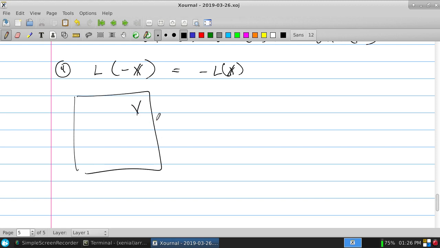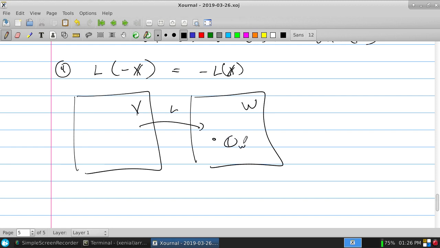Again, we still have our V, we have our L, we have our W. Over here I have the 0 object of W, whatever it is. If it's continuous functional space, it's just the function equals 0. If it's polynomial space, it's 0 plus 0x plus 0x squared plus, well, how many terms did you need? If it's polynomial 5, you need 5 terms. And that's my 0 object.